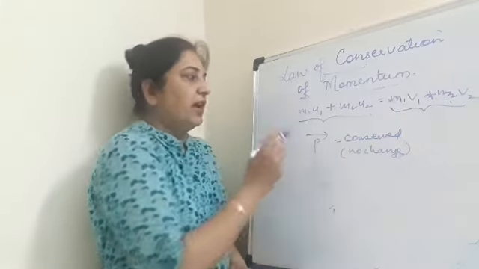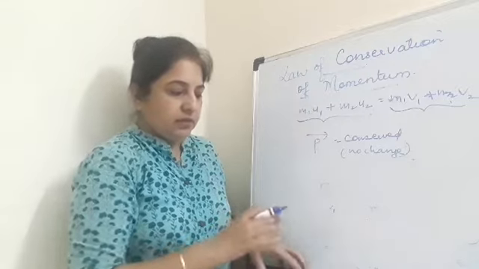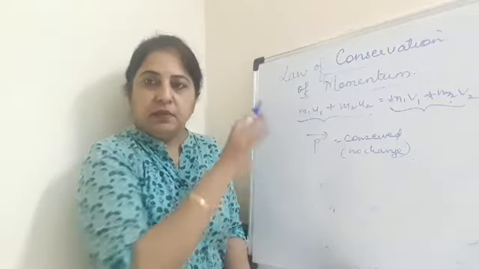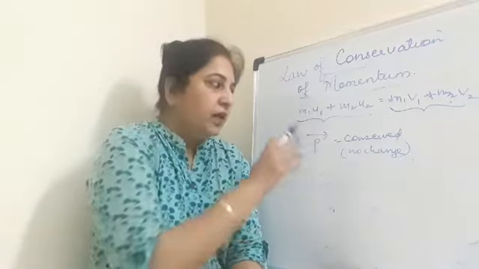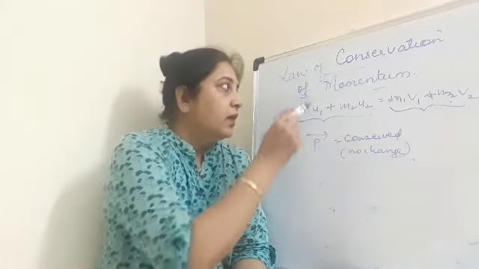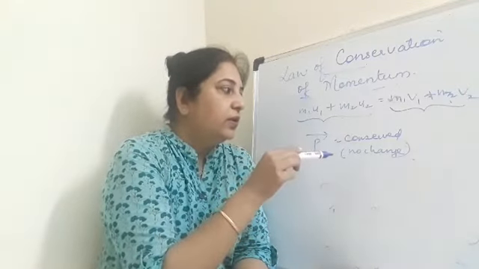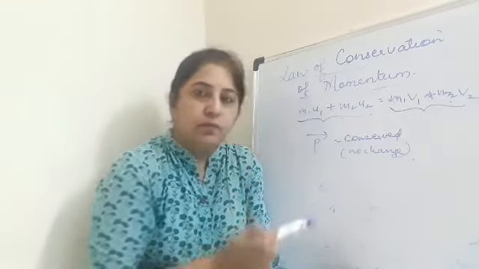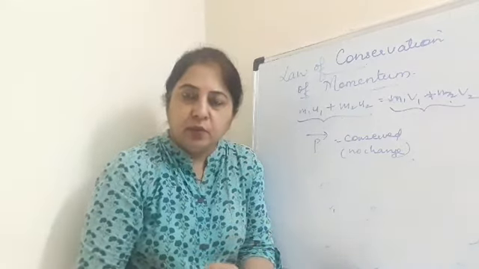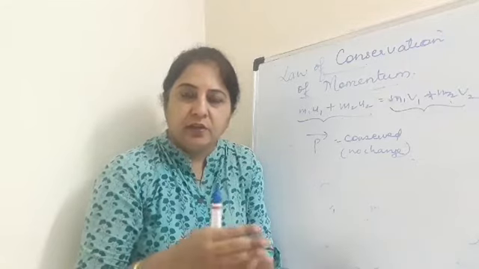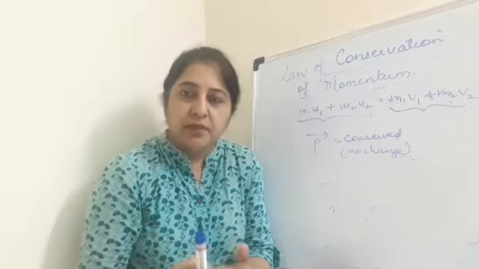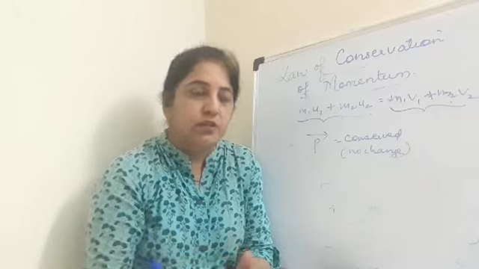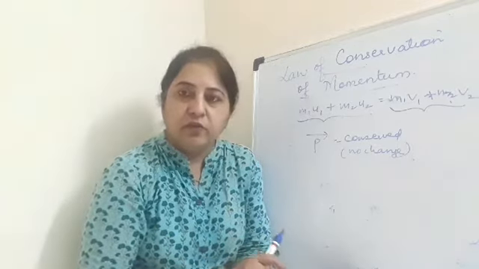We have a big derivation of this particular law, given in the textbook. I will explain that also. So today what you will do is read the chapter, that means you will read this topic. You will learn this law, and I will explain the actual examples, actual applications of the law of conservation of momentum.